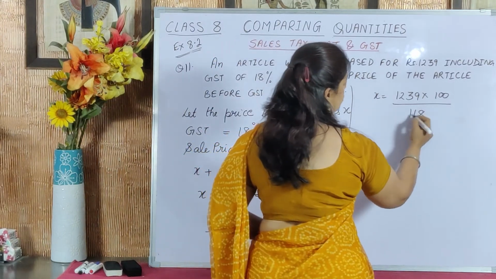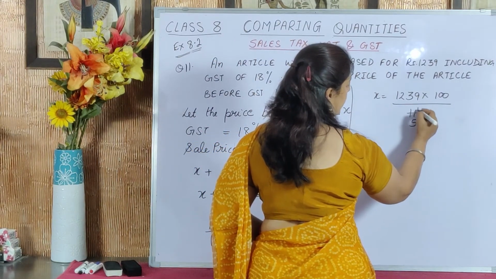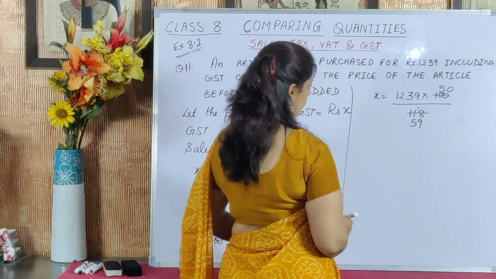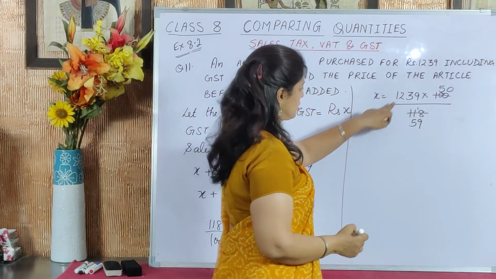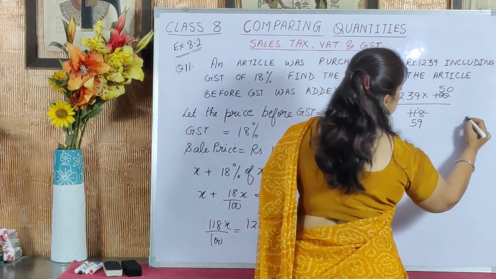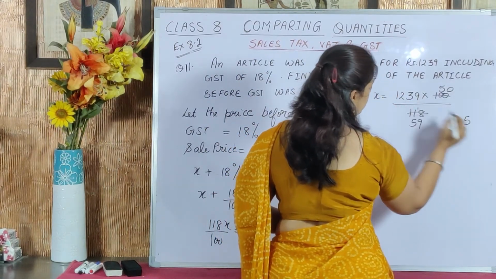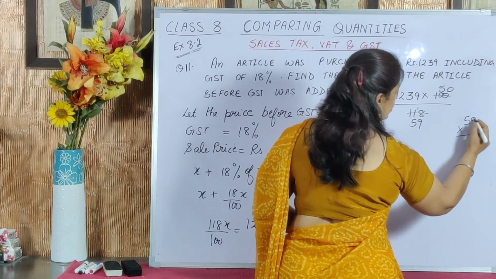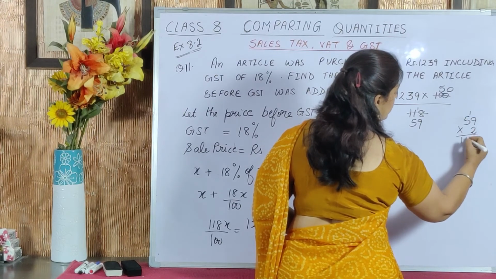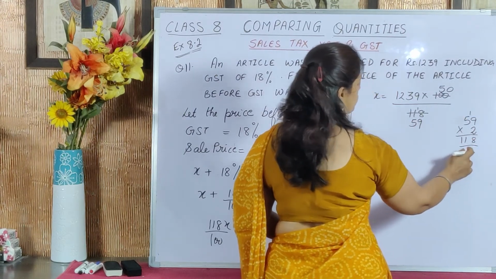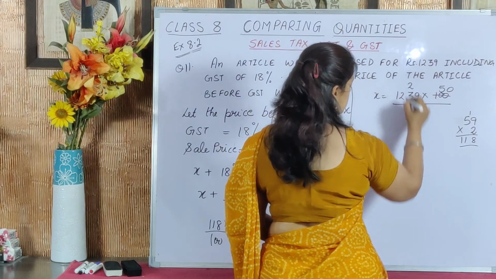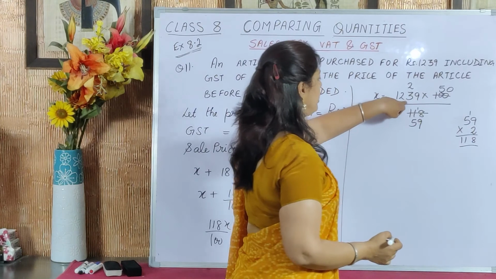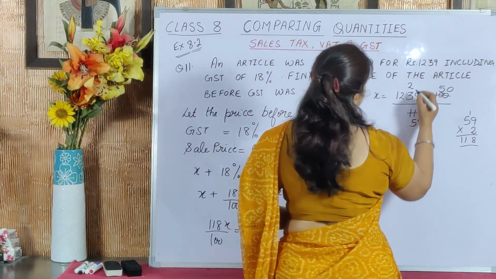So we can cancel these two with 2. 2 5s are 10, carry 1, 2 9s are 18, 2 5s are 10 and 0. We can try with 59 if it goes. So 59 goes in 12, it doesn't go, in 123, 59 goes 2 times, we can try, 2 9s are 18, 2 5s are 10 and 1 is 11. So 3 times will be greater. So 2 times it goes, and if we carry, 123 minus 118 is 5.